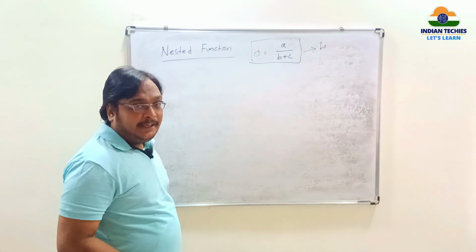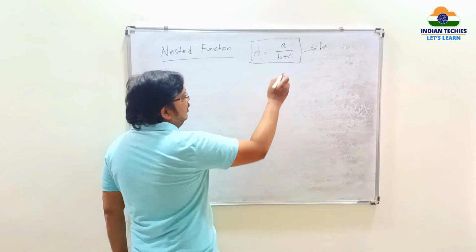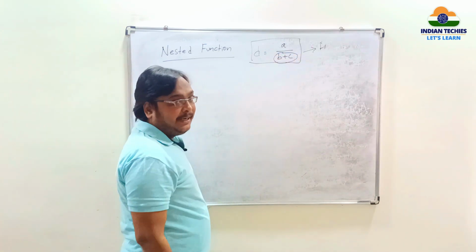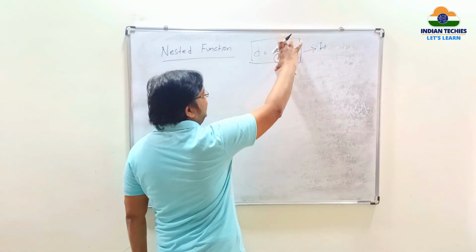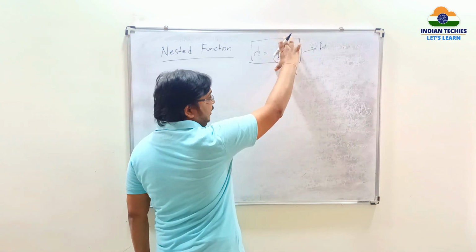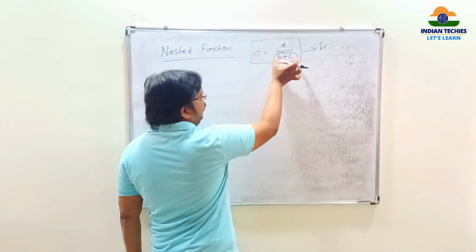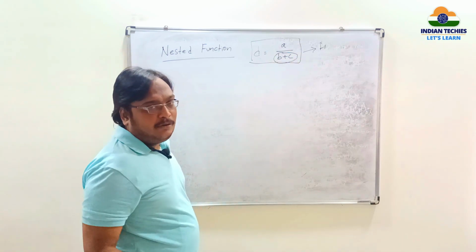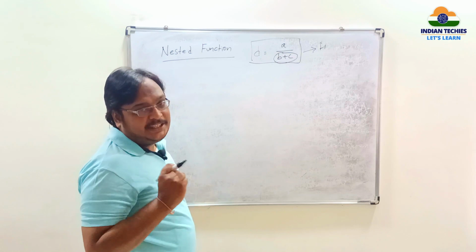We will also perform a separate function for this B plus C. Means if you want to calculate this final equation, you must also get this calculation by a separate function. We will implement this using nested functions.